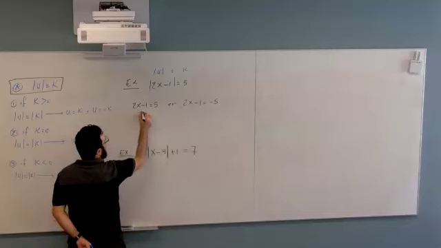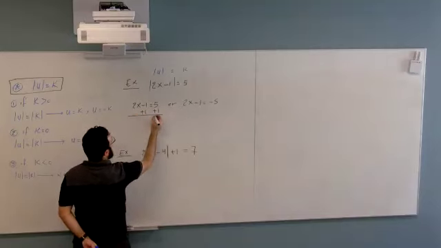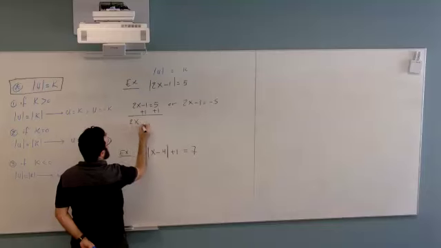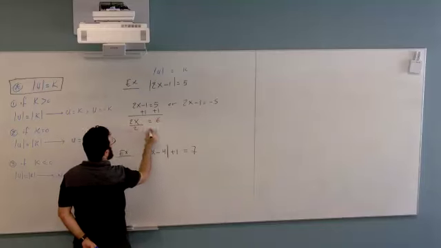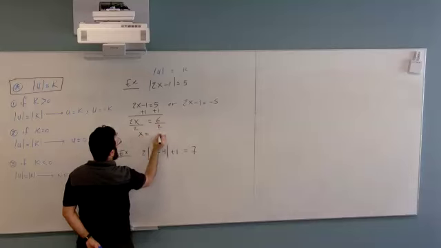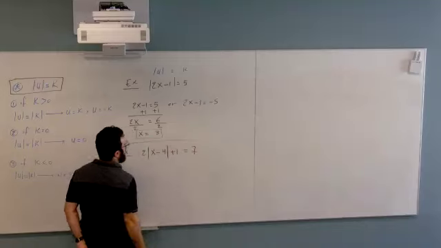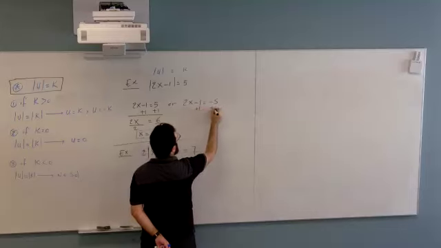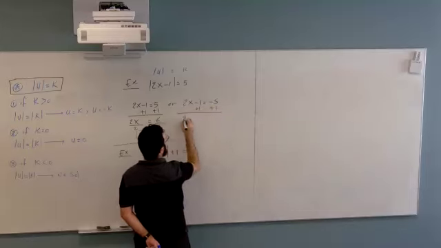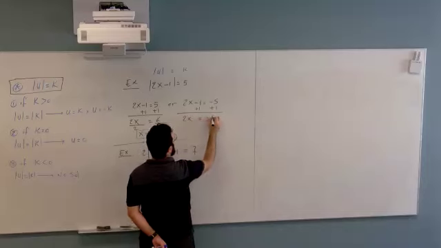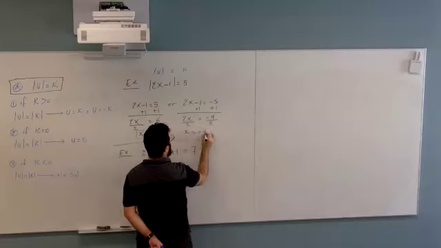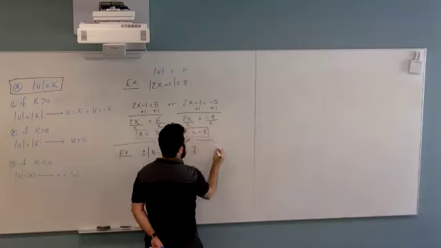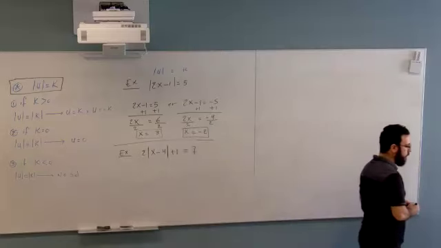Solve this one and add 1, so it's going to be 2x equals 6. Divide by 2. That's equal to what? Is that okay? And solve the other side. You're going to add 1, so 2x equals negative 4. Divide by 2. x equals negative 2.